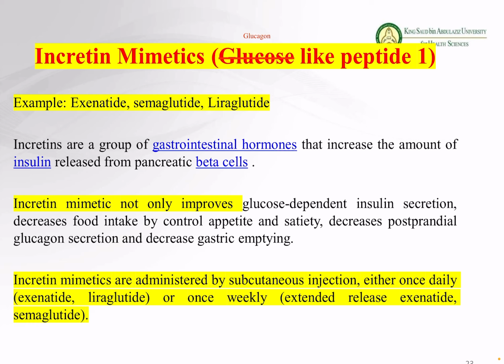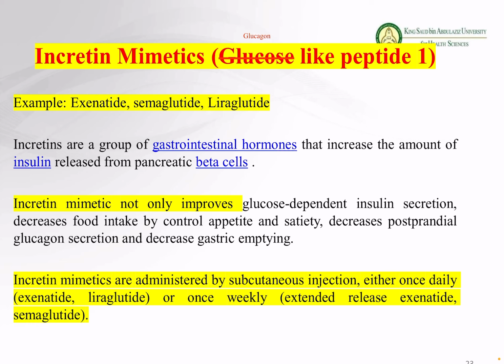These drugs not only improve glucose-dependent insulin secretion, they also decrease food intake by controlling appetite and satiety. Satiety means satisfaction, so you eat little and you feel full. Definitely when you eat little, there is a low amount of blood sugar.